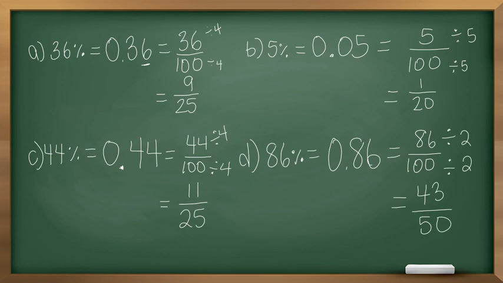And then just checking the 43 and the 50. 43 is a prime number. That means it's only divisible by itself and 1. And then 50 definitely isn't divisible by 43. So that means it's good. We've got our fraction in simplest form. And that's basically what we're going for here.